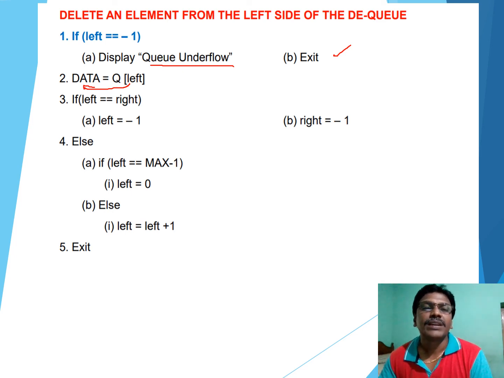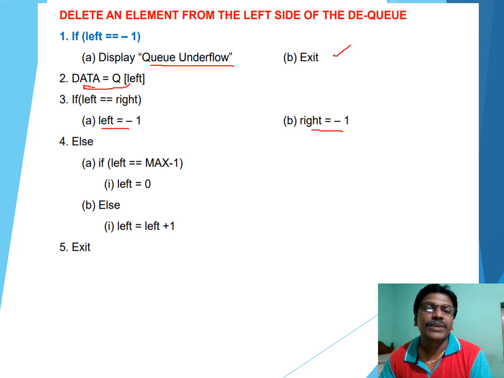Then if left equal to right, it means there is only one value in the queue. That's why left equal to minus 1 and right equal to minus 1, because after one value is deleted the queue is empty, so the right and left pointers represent minus 1, so it is in underflow.